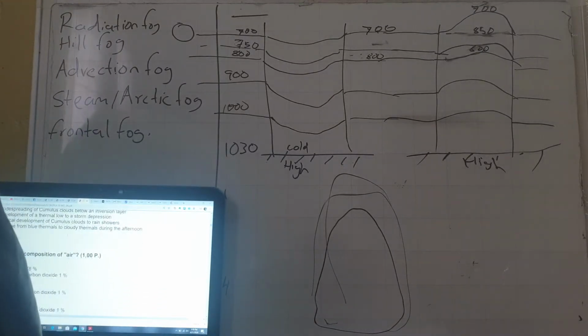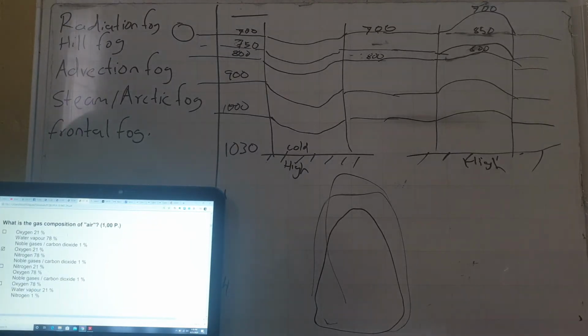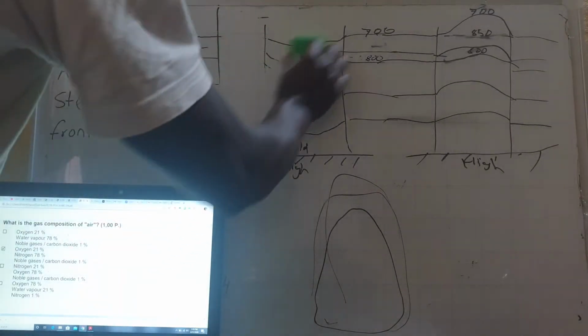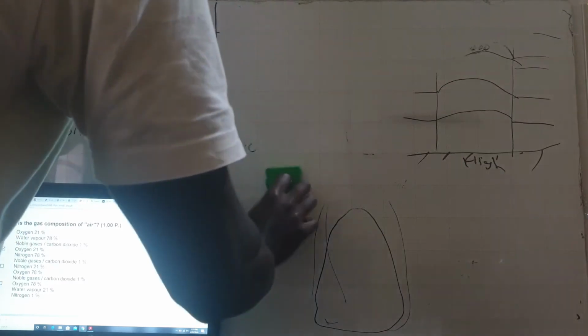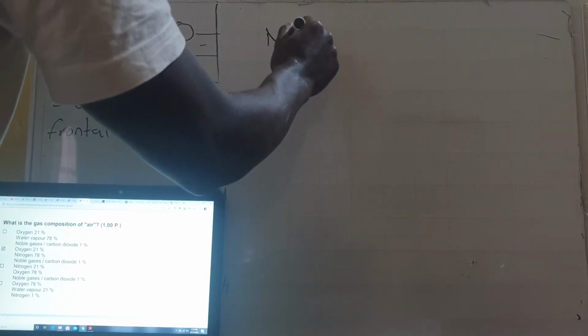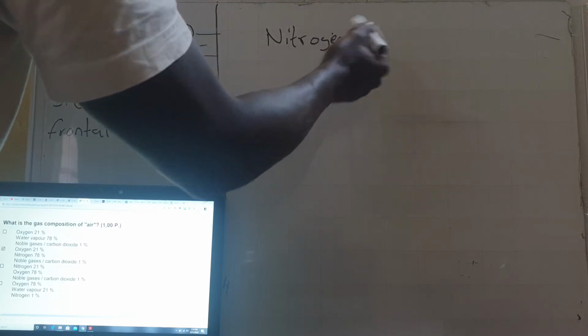So the next one is number 5. It's asking what is the gas composition of air? For this one, there is a scientific answer that is very specific, but as we know, nitrogen and oxygen, and the good thing is you just need to know something like that.